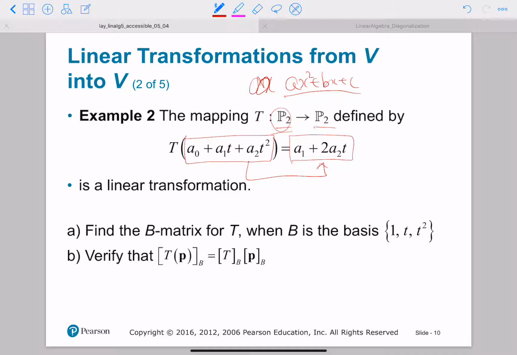Okay, and this is actually, by the way, a derivative operator. If we take the derivative, it's 2a2t plus a1, and that's it. It's a differentiation operator, right?